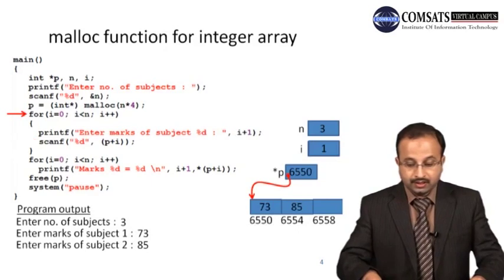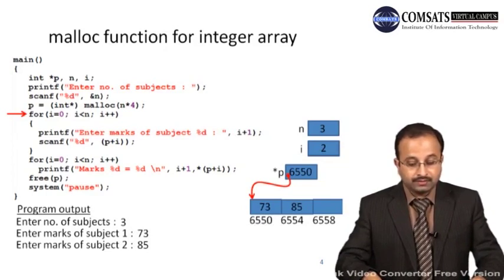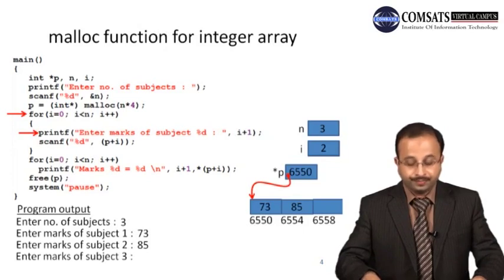Next it increments the value of I, it becomes 2, and the condition 2 less than 3 is true, so it displays the message enter marks of subject 3, since I is 2 plus 1, that is 3. That will be displayed on the screen, and then you input some marks in the scanf function, that is 78.